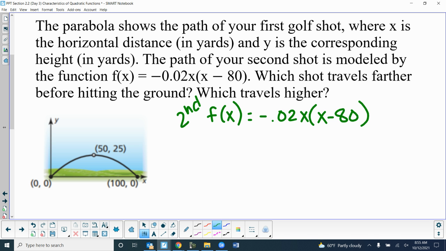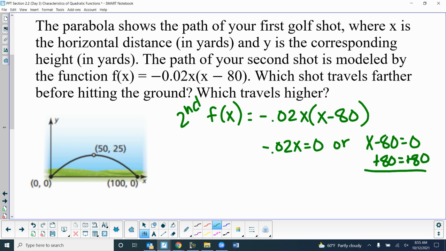What do we do with the two factors? We set them equal to 0, right? So, negative 0.02x equals 0, or x minus 80 equals 0. What do I do to solve this one on the right? Plus 80, right?